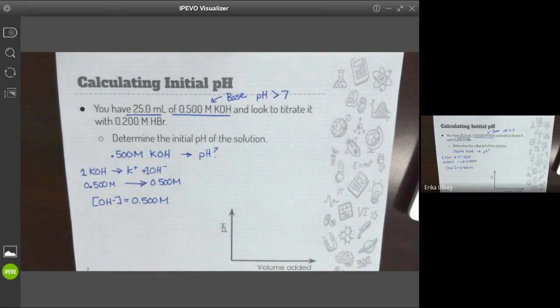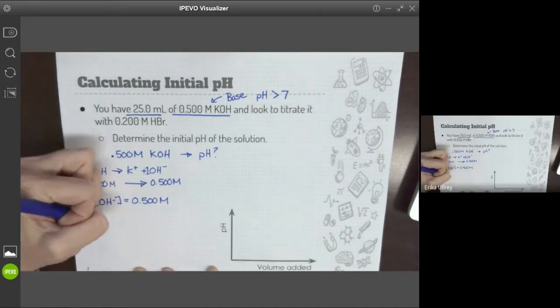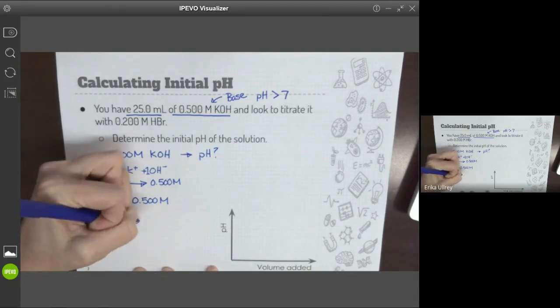So how would I find the pH now that I know what my concentration of hydroxide ions is? What would I need to do, Pamela? We'll have to do negative log of OH. Good. So we're going to take negative log of our OH. So I'm going to do negative log of 0.5.